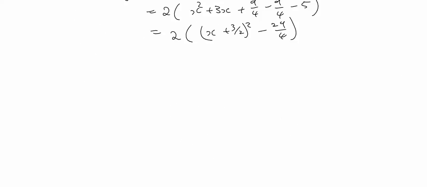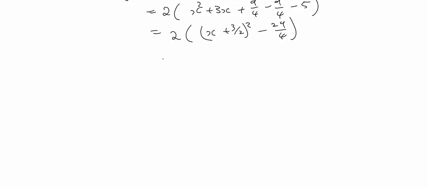Okay, so having completed the square, this means that there is a turning point when x plus 3 over 2 is 0. That would be the minimum value. Otherwise, x plus 3 over 2 squared will always be greater than that.